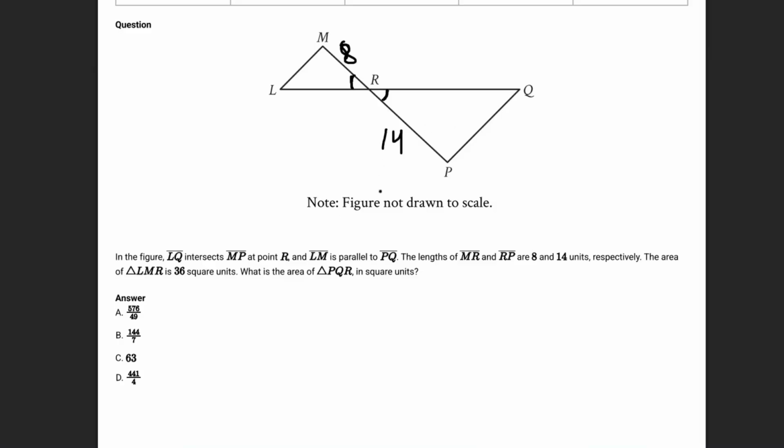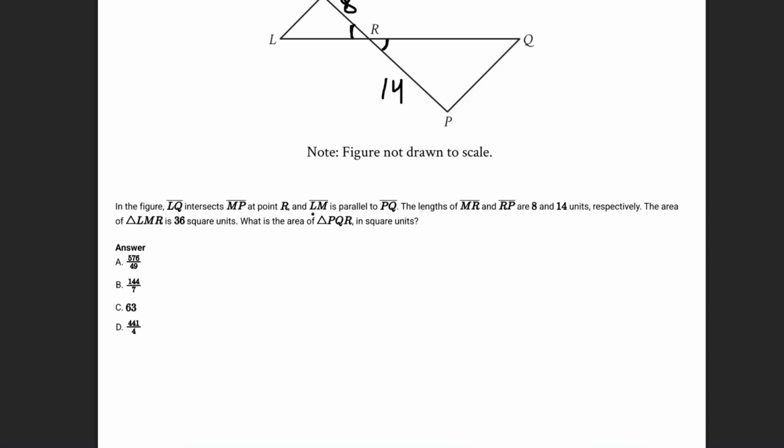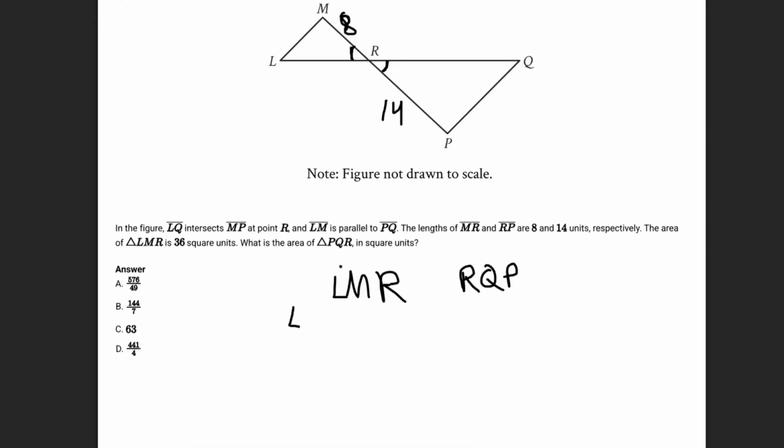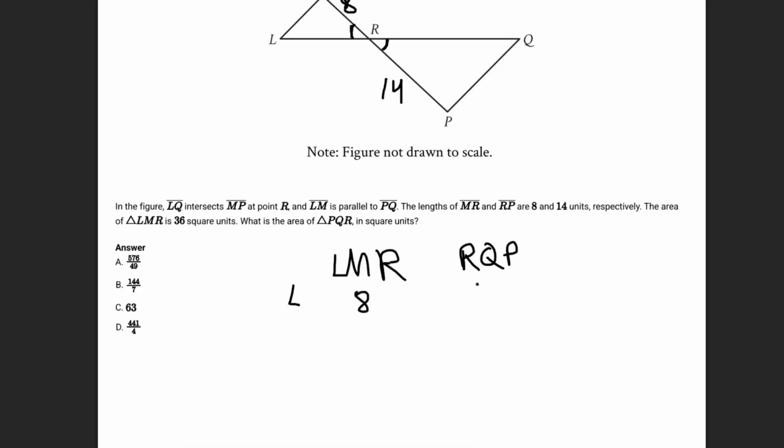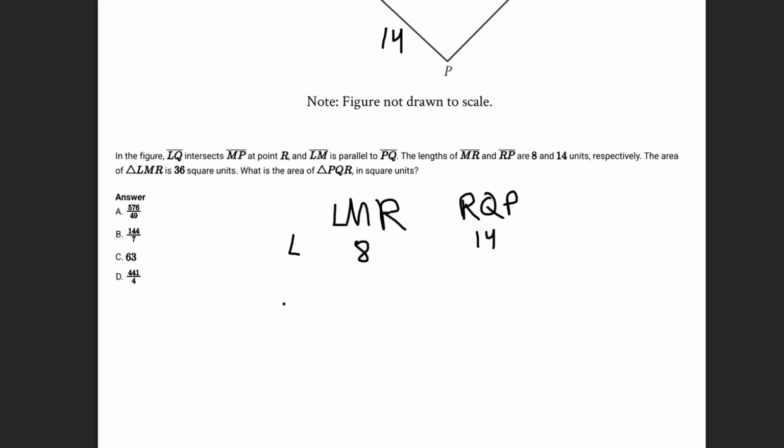So let's make a table, and let's call that first triangle LMR and the second one RQP. The length of one of the sides of LMR is 8, and of RQP is 14. The area of LMR is 36 square units, and we don't know the area of RQP.